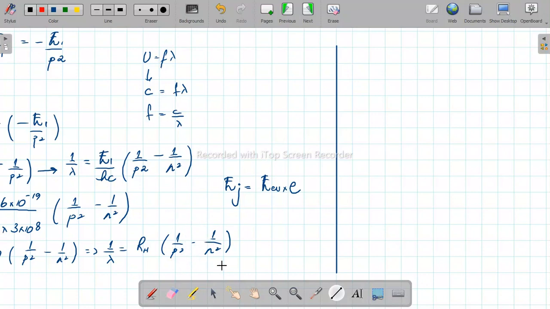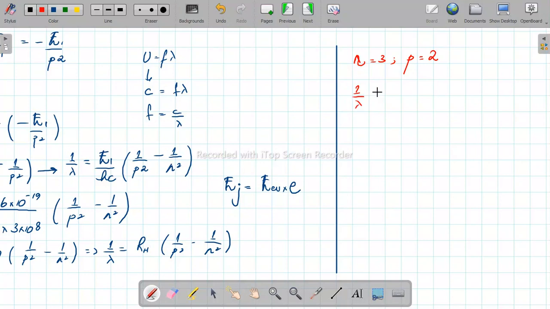We've agreed that n represents the higher energy level, right? So it has made a transition from third to second, so we'll say n equals 3 and p equals 2, because p represents the lower energy level, right? So just place these values in this equation.